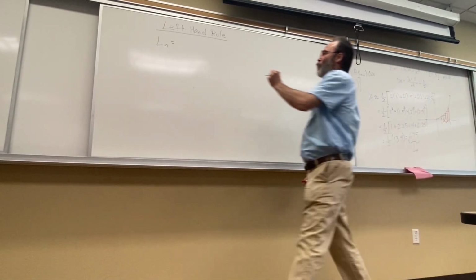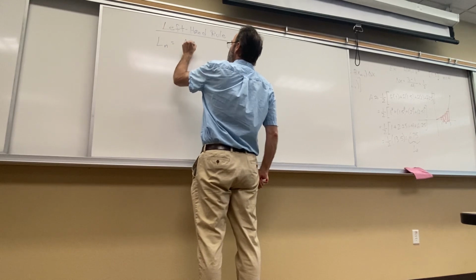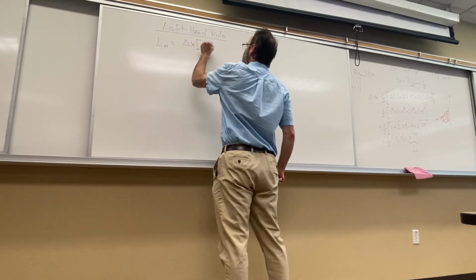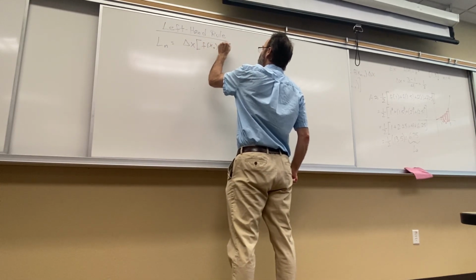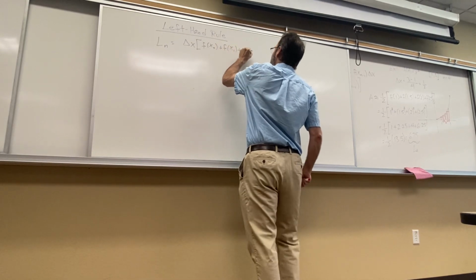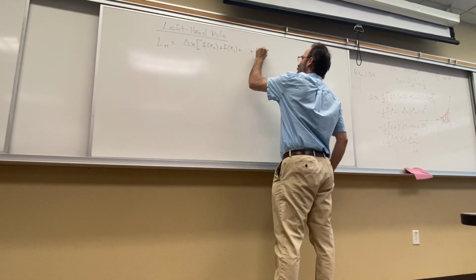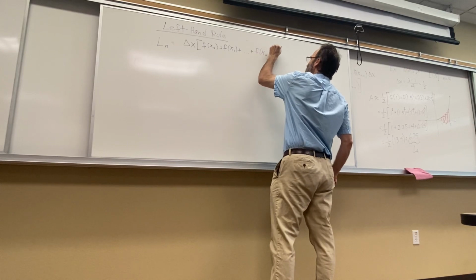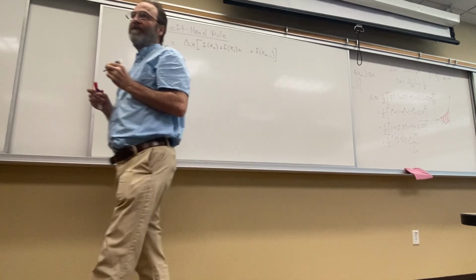And this formula is delta x times f of x0, f of x1, all the way out to f of x n minus 1, but not f of x n. We leave that one off.